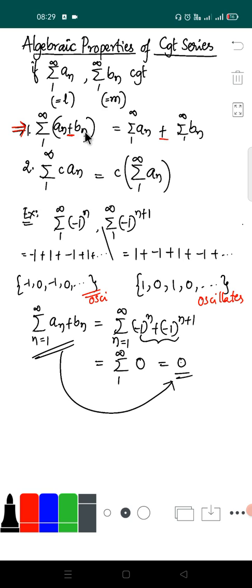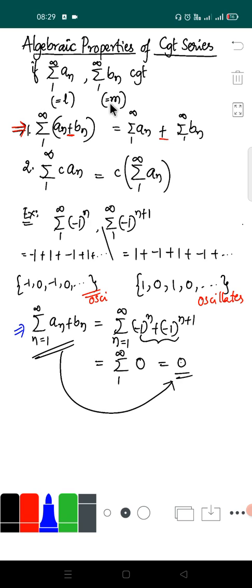See here, in this case the summation of an plus bn existed, but each individual sequence is not convergent, they are oscillating. The sequence is convergent, but each individual sequence oscillates. So this is one of the counter examples for this algebraic property.